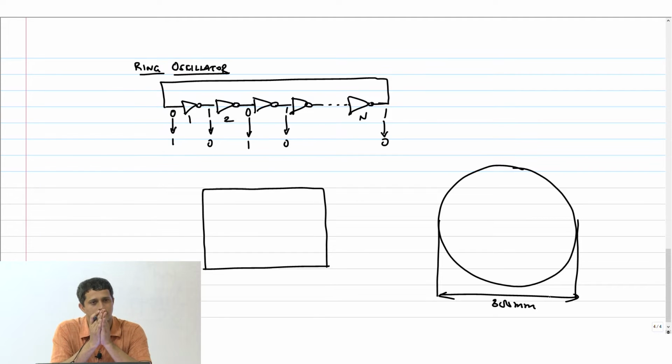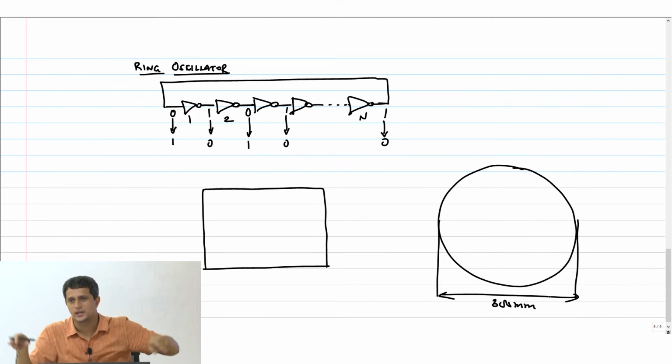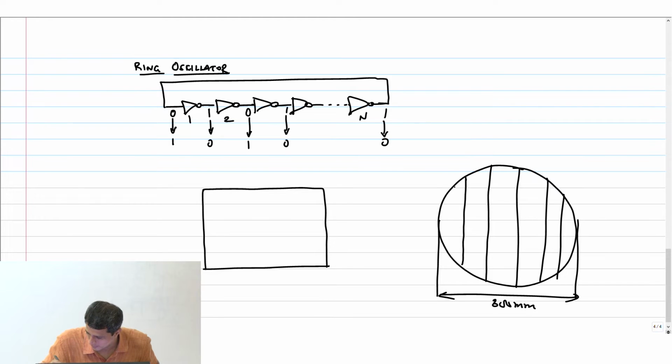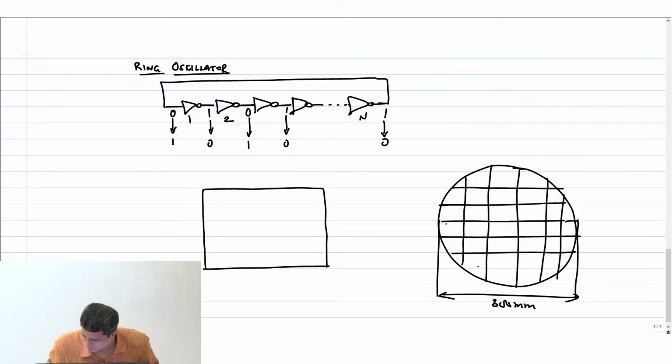It's a huge silicon substrate. On that, what you're going to do is, you're going to manufacture your chips like this. So each block here is basically a chip.